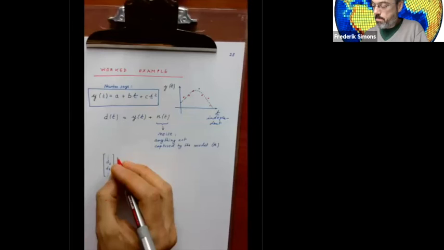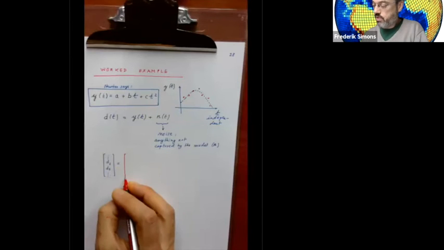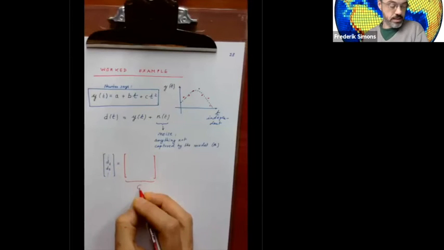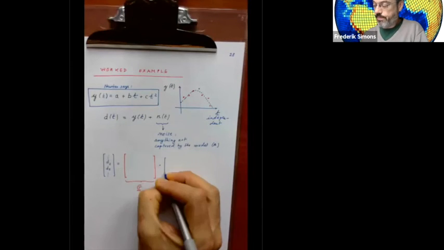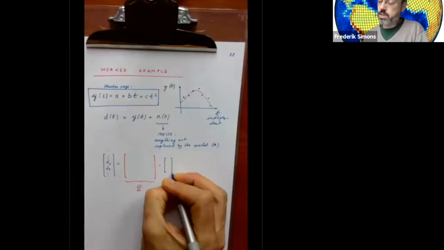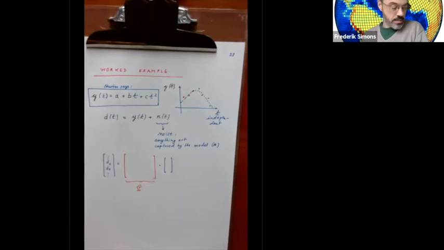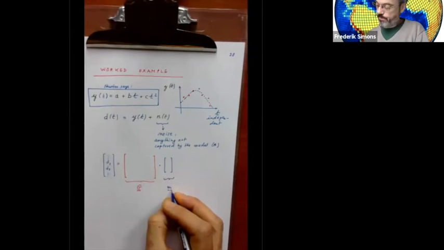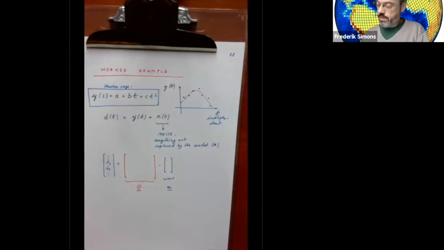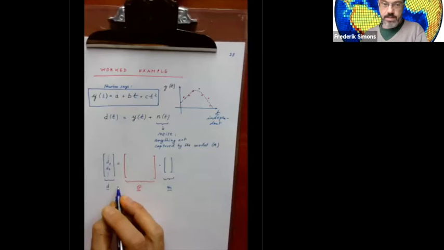I'm now building the G matrix, doubly underlined, and I will write this as a linear relationship. Previous notation was this is M, the model vector, and this is D, the data vector. And there's the dot product.